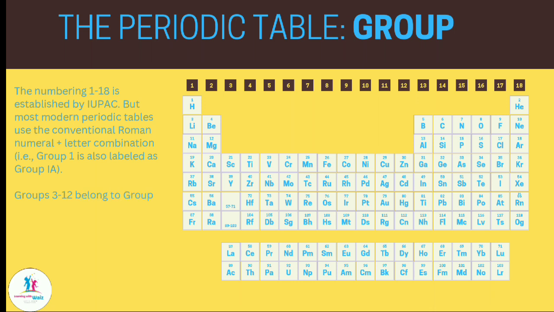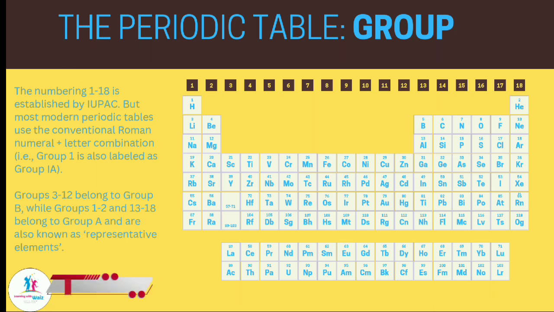Group 1 is also labeled as Group 1A. Groups 3 to 12 belong to Group B, while groups 1 to 2 and 13 to 18 belong to Group A and are also known as representative elements.